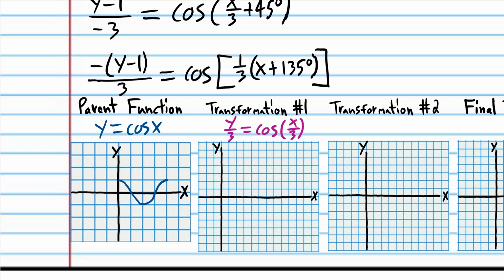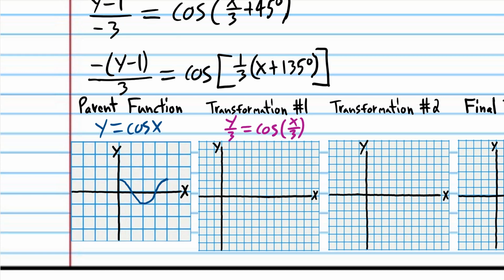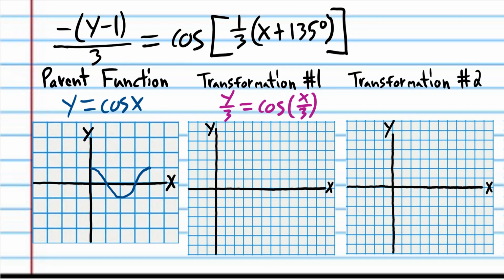So we're going to pull it up 3 units and down 3 units, and we're going to pull it to the side 3 times. It's got a period of 1080, so 1, 2, 3, 4, that's 360. 1, 2, 3, 4, that's 720. 1, 2, 3, 4, that's 1080.